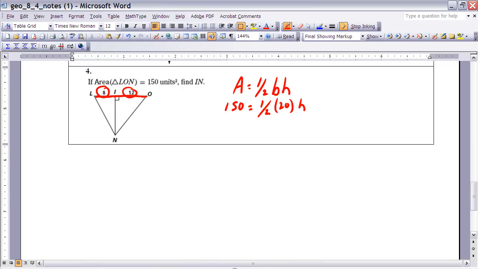I'm just going to leave that as H for right now. So now I'm just going to solve this equation for H. So I have 150 is equal to 10H, and if I divide by 10 on both sides, H would be equal to 15. Therefore, the height of this figure would be 15 units.